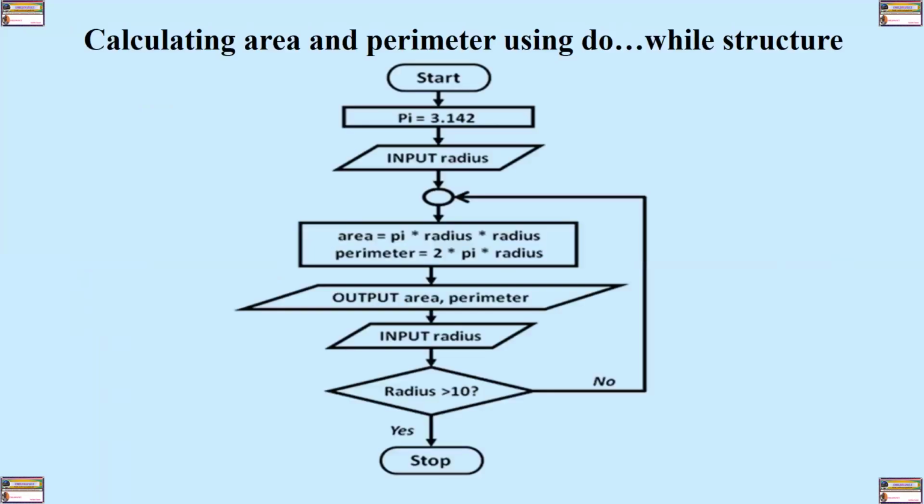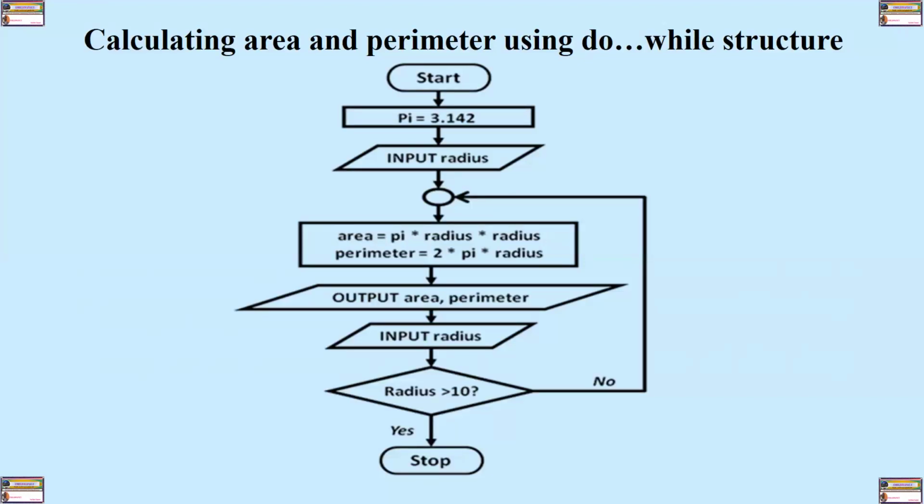So we have our flowchart here. You can see in this flowchart, once you have entered radius, we compute the area, we compute perimeter. We display area, we display perimeter, and then we ask ourselves, was this radius more than 10?